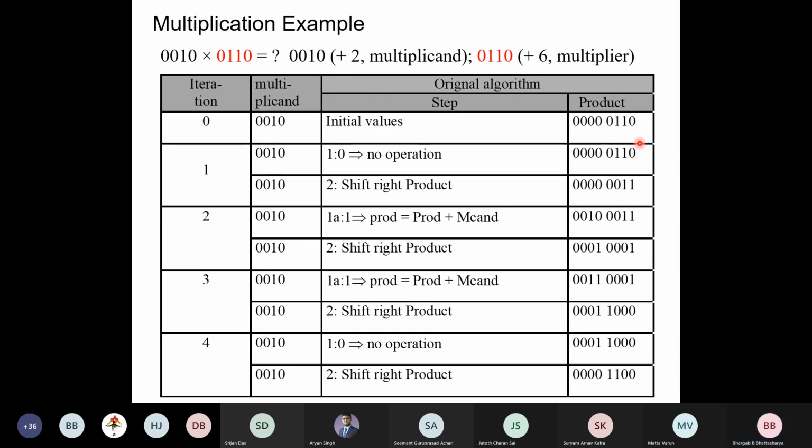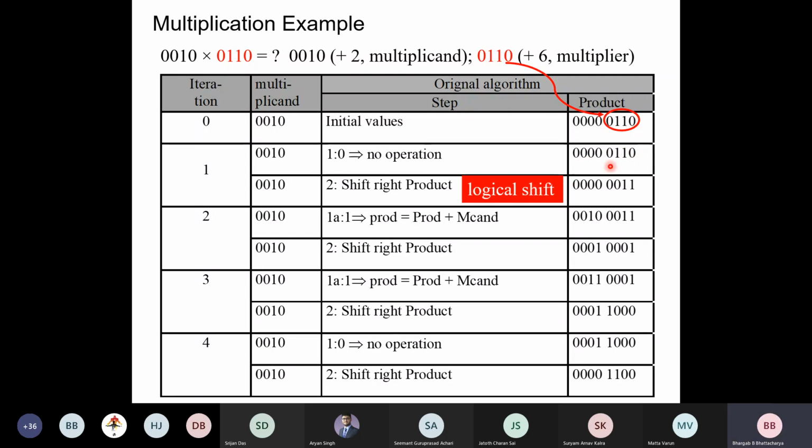Okay. So initially the controller examines the rightmost bit of the product term, which is 0 here. So there is no operation, right? The only thing you need is to shift. So this is loaded here first of all, and since this is 0, we don't take any action, just shift the product term to the right by 1 bit. It is a logical shift.